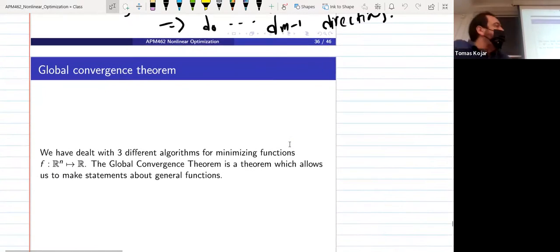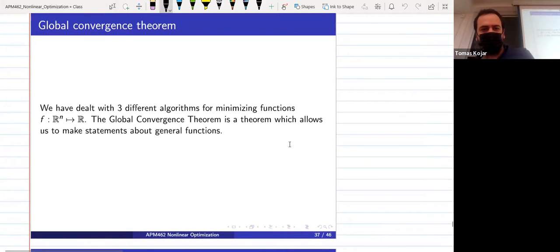All right. Finally, let's do some theory. So we have three algorithms: Newton's method, gradient descent, and conjugate gradient, conjugate direction.